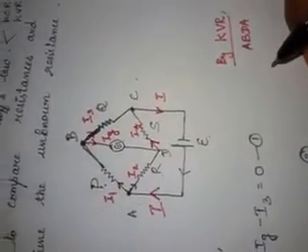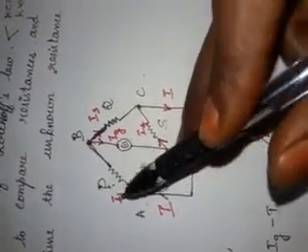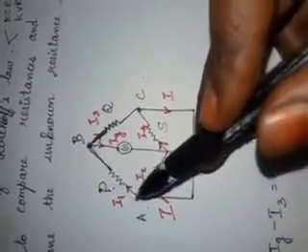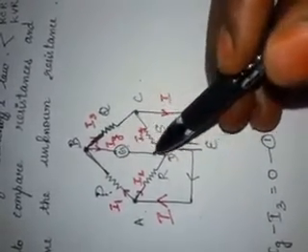Now let's use the rule and write the equation. Starting from here, product of current and resistance. So it is I1 into P, flowing in this direction, plus Ig into G, same direction followed.